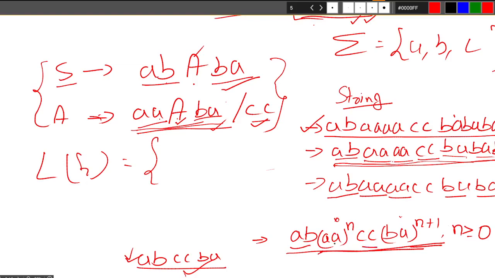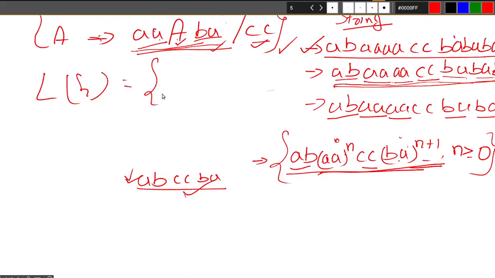If it is N, then this would also be N, and in the last we have one BA, that's why it is N plus 1. Very correct. This is the required language for this grammar. So now I think you are able to find the language for a given grammar.